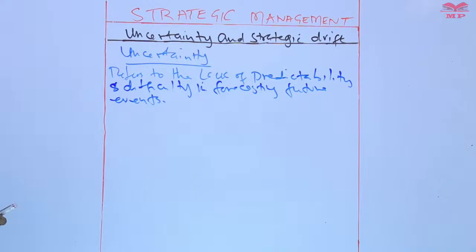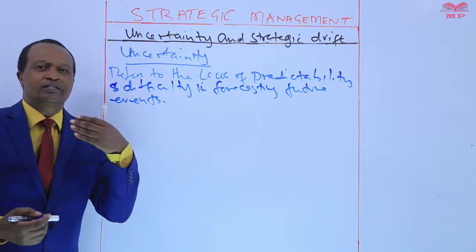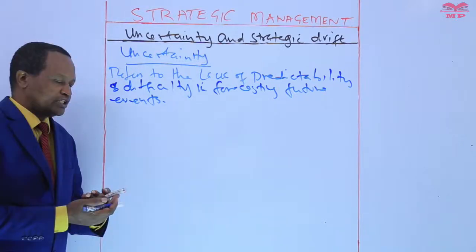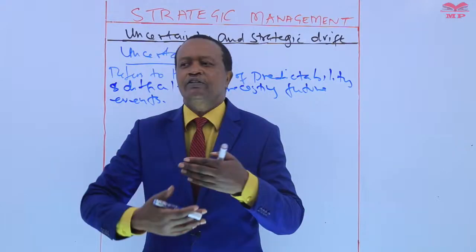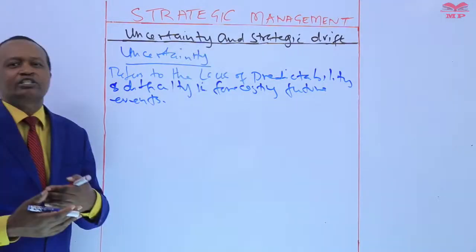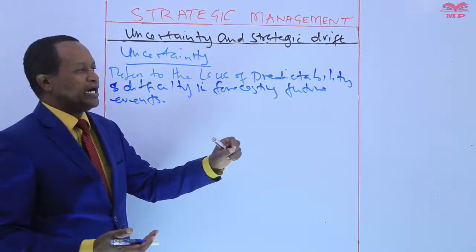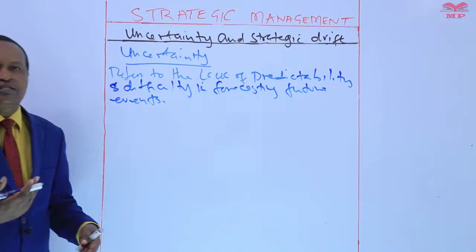By external environment, I mean the changes in technology, changes in economic conditions, changes in the political landscape, social trends, shifts in organizational culture, which can also contribute to internal uncertainty. You understand? Other factors are just complexities.